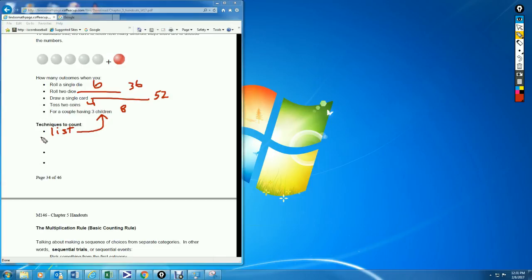But what we're going to do in this section is learn 3 new methods. First of all, we are going to learn something called the multiplication rule. I'm not going to write it all out. We're going to learn about permutations. And finally, we're going to learn about combinations. All right, so all 4 of these are valid techniques to use for counting.